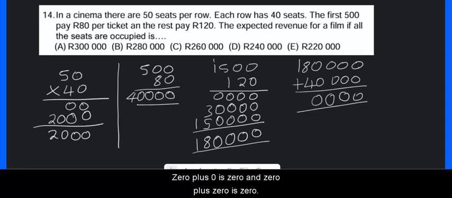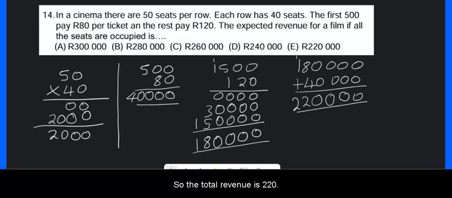And 0 plus 0 is 0. 4 plus 8 is giving me 12. So I've got 2, carry 1 there. Then 1 plus 1 is 2. So the total revenue is 220,000. 220,000. That is E.